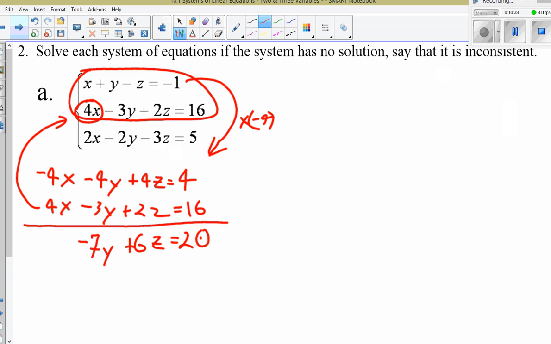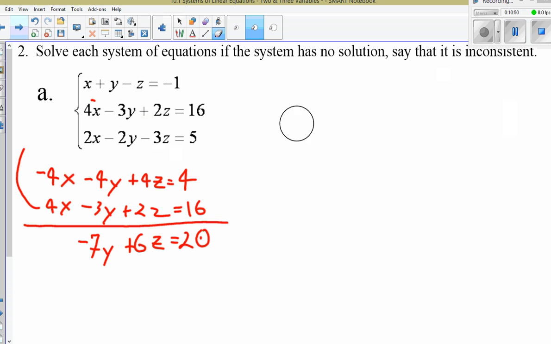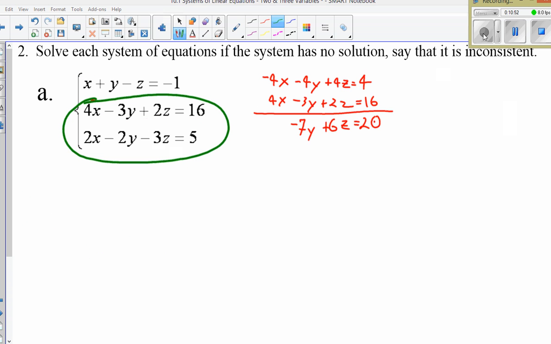So I want to do similar ideas here, but now I want to do it with the bottom two. So I'm going to go ahead and eliminate this. I just clean that up, and I want to eliminate now the second one. And I'm still going to use the first one to eliminate that.